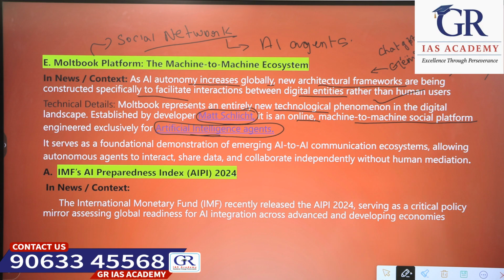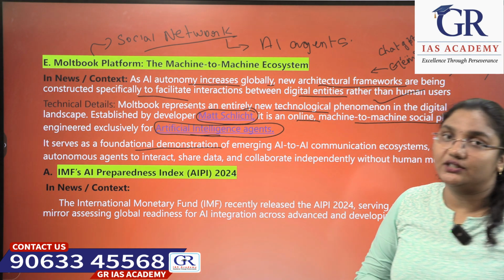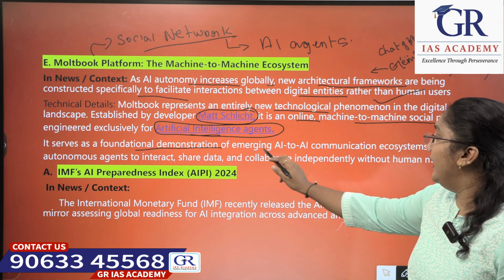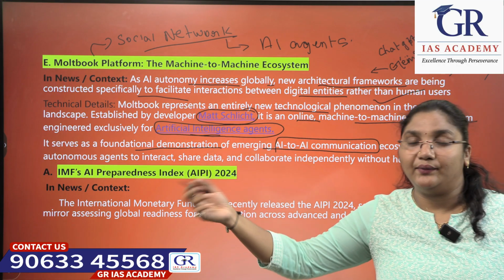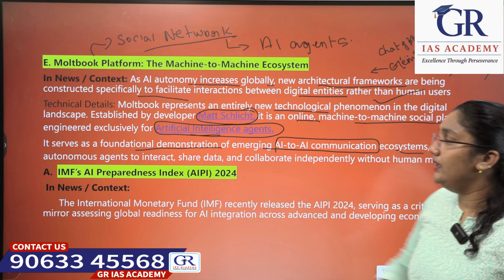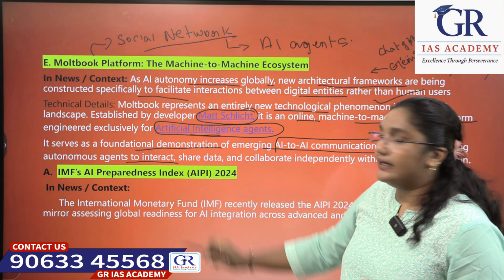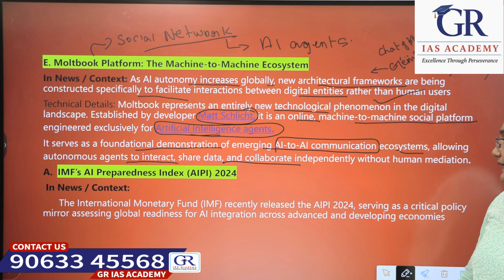In the same way, it serves as a foundational demonstration of emerging AI to AI communication ecosystems. AI to AI, one AI with another AI, allowing autonomous agents to interact, share data and collaborate independently without human mediation.